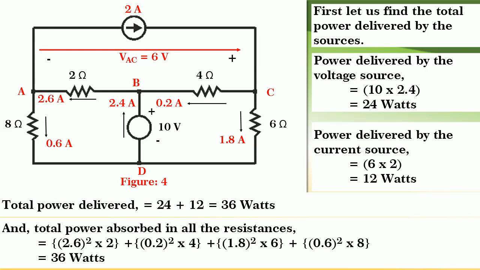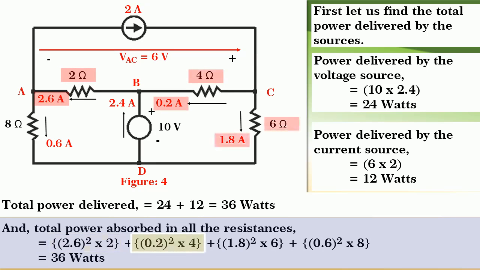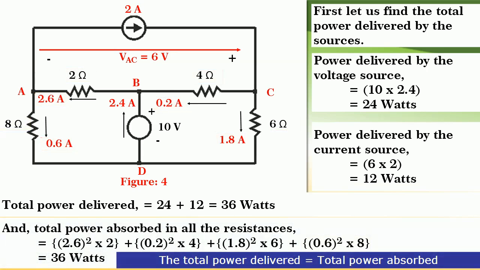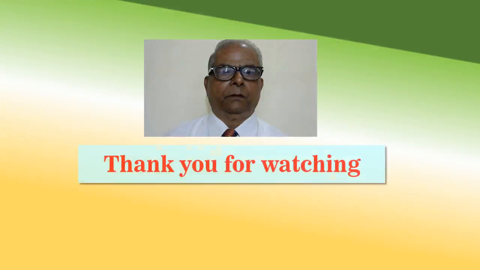Now, you know that the power absorbed in the resistance is I squared R watts, and hence the total power absorbed in all the resistances is equal to 2.6 square into 2 plus 0.2 square into 4 plus 1.8 square into 6 plus 0.6 square into 8, which comes to 36 watts, and hence it is proved that the total power delivered is equal to total power absorbed in the network.